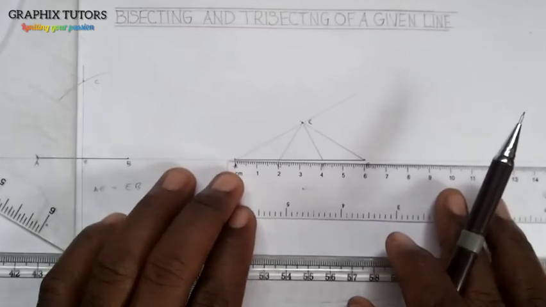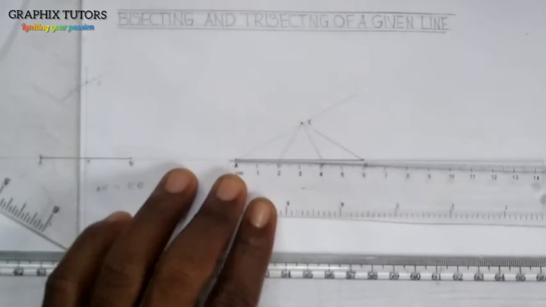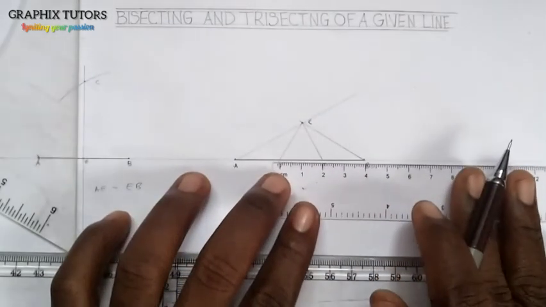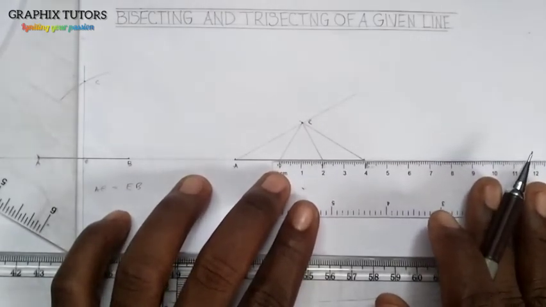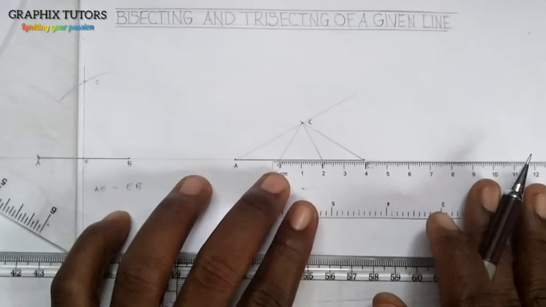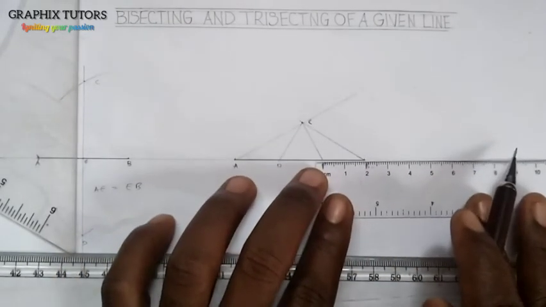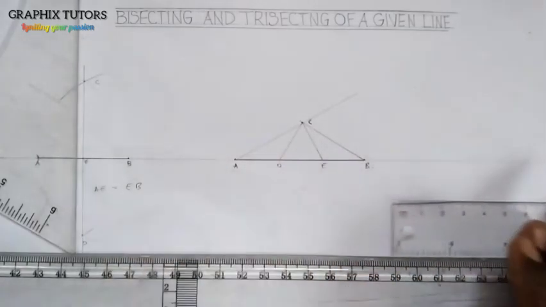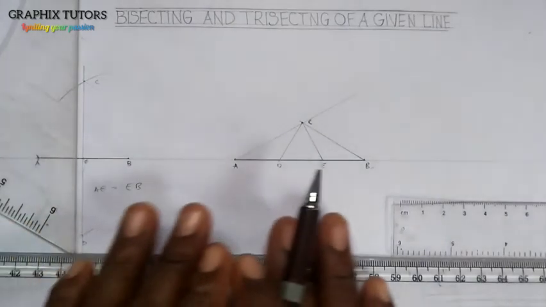From A here to D is 20, and from D to E is another 20. And from E to B is the other 20. So that is 60 millimeter. This is how you bisect, and this is how you work to trisect.